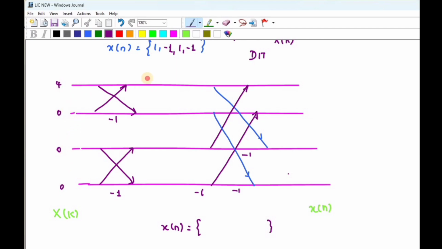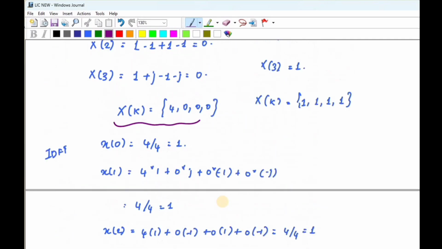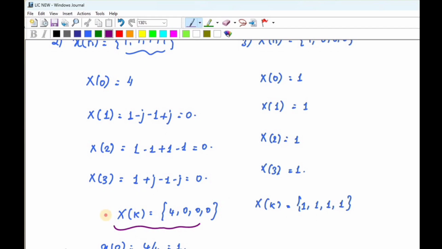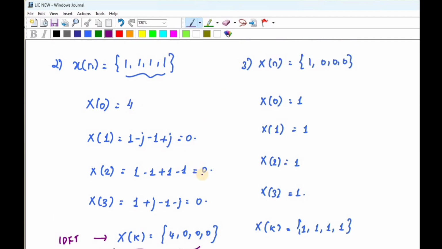So if I add, you will get 4. If I subtract, you will get 4, 0, 0. 4 plus 0 is 4. 4 minus 0 is 4. So you will get the answer as 1, 1, 1, 1. This is for 4, 0, 0, 0. So if I take the inverse DFT, I get the value of x of n. The x of n value is four ones.